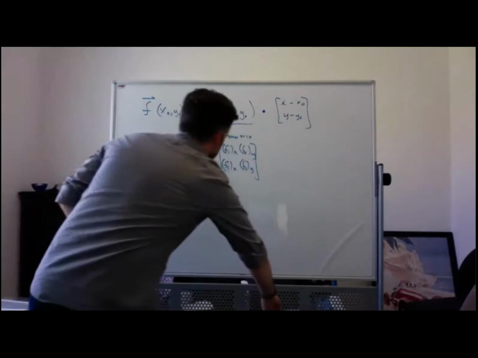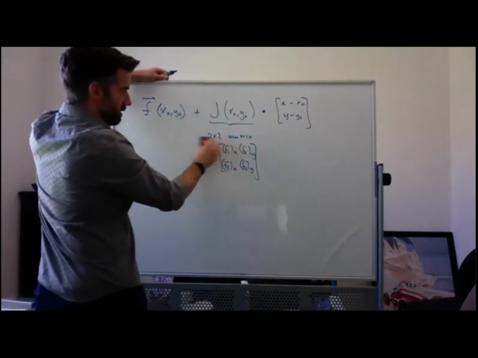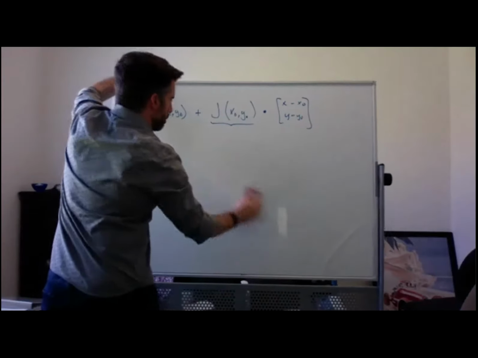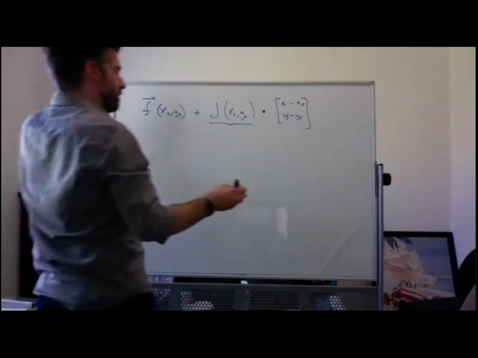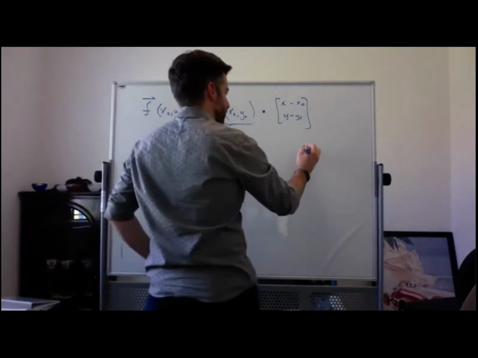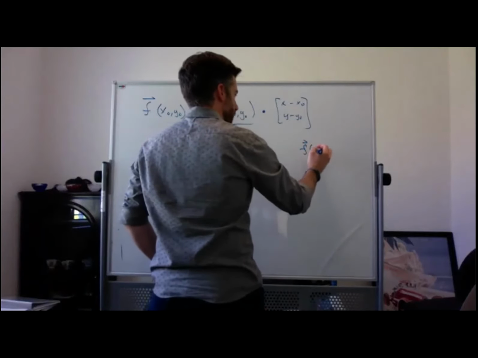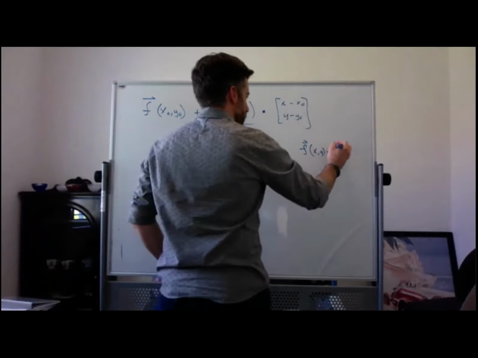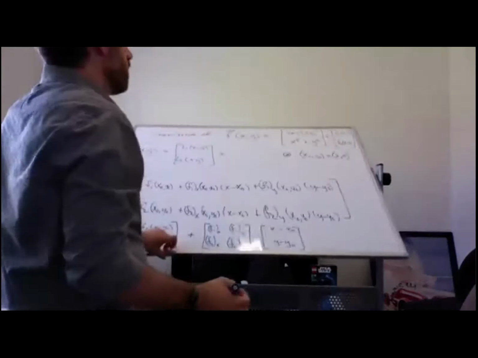So let's go back to our function and actually say what things are. I'm going to erase this here for a second. Just recalling, our vector valued function f of xy was cosine of xy and then x squared plus y cubed.